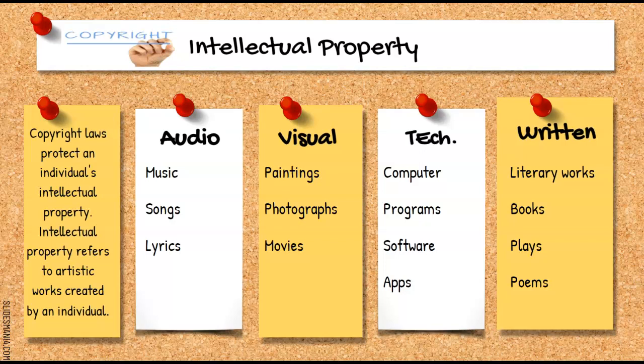And there's also some written literary works examples as well, such as books, plays, poems, even blog posts. Now, these are just a few examples of intellectual property that can be protected by copyright laws. This is not all of the different types of intellectual property that is protected. There are much more.